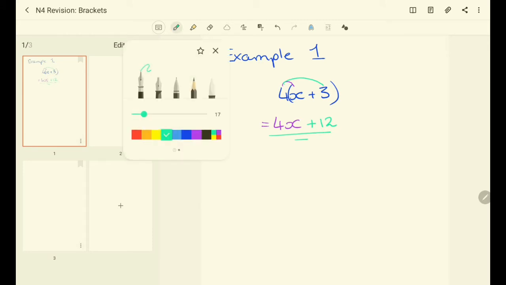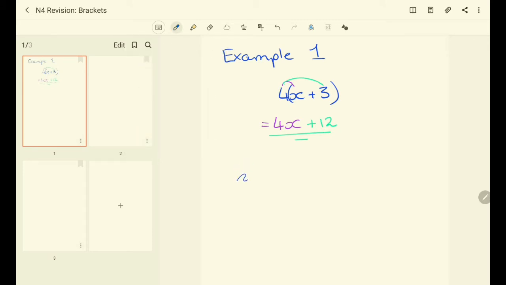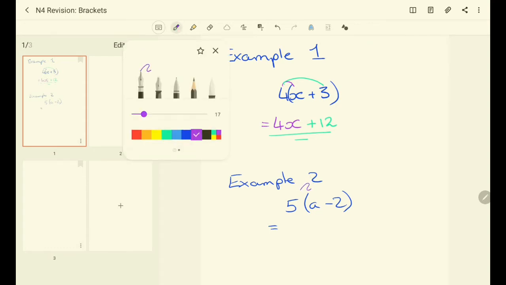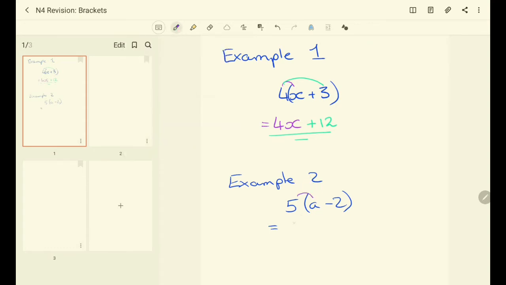Now, if we look at a second example, in this example, we're going to look at what happens when there is a negative involved. So when there's a negative involved, it may look something like this: 5a take away 2. And we start the same way. We do 5 times a gives you 5a.